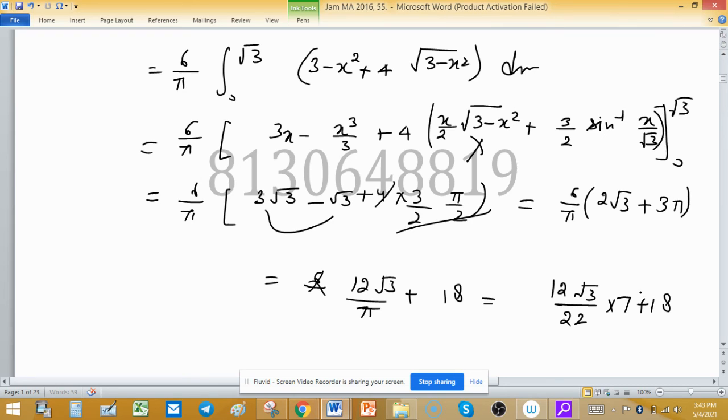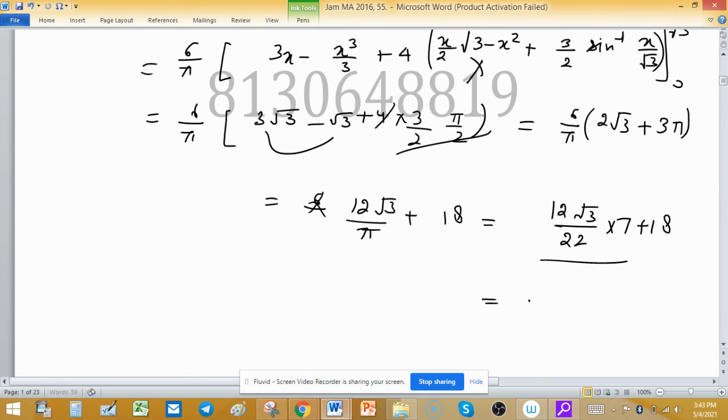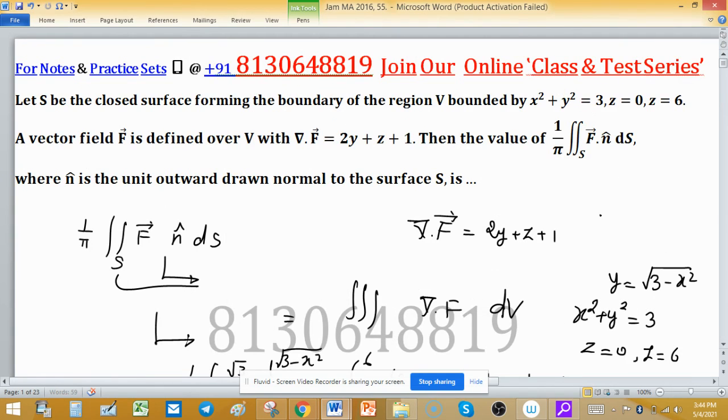In your exam, a scientific calculator will be available, so the value of this expression is around 6.61, and 18 plus 6.61 is 24.61. The final value is not important, but the procedure is important: how to apply the divergence theorem.